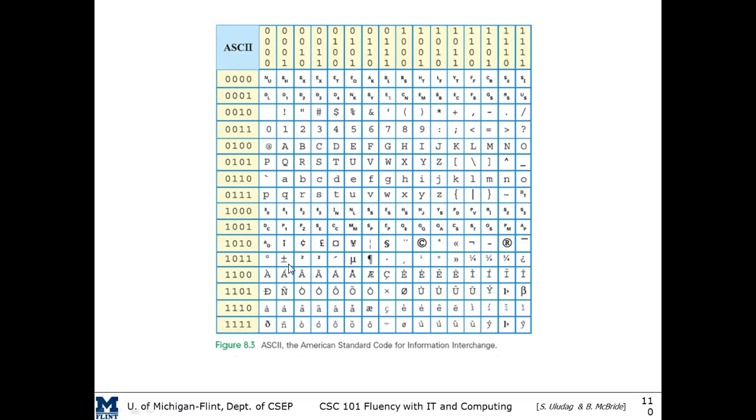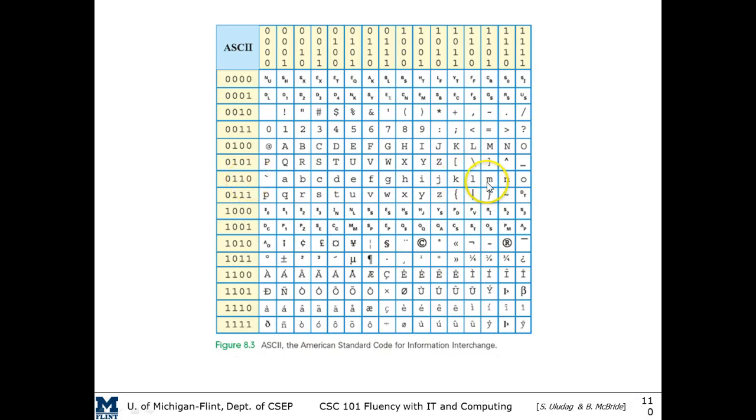So let's take a look at how to read this. For example, if we were encoding the character lowercase m, we start by reading the 4-bit binary sequence of the row that the m appears in on the table. That would be 0, 1, 1, 0.